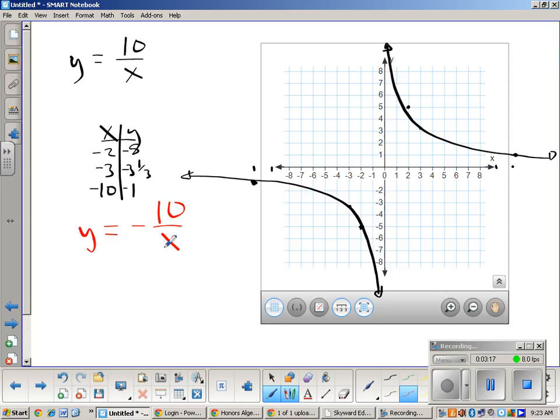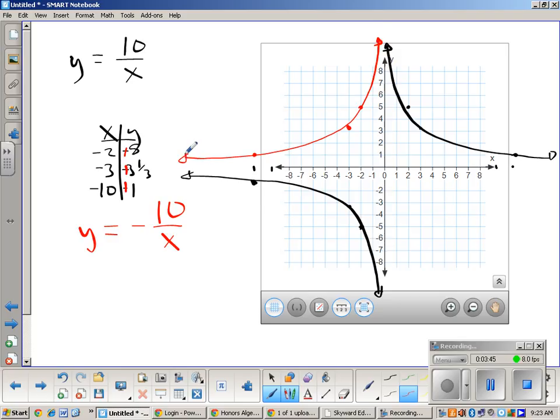And when x was negative, y is now going to be positive. And so when x is negative 2, y is a positive 5. When x is a negative 3, y is a positive 3 and a third. When x is negative 10, y is a positive 1. And so now I get a graph that looks like this.